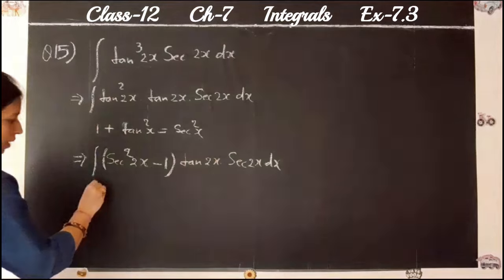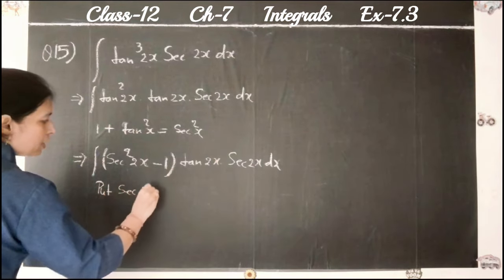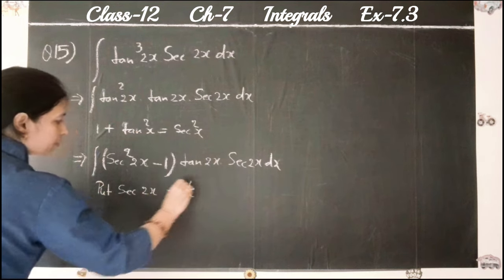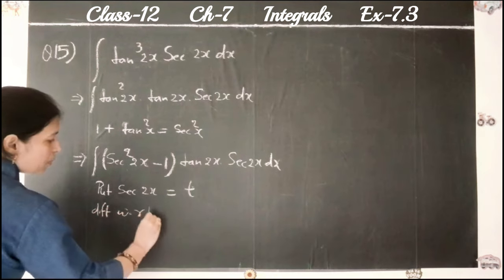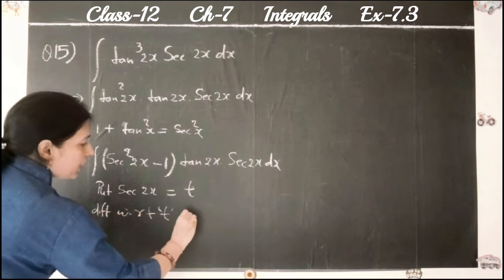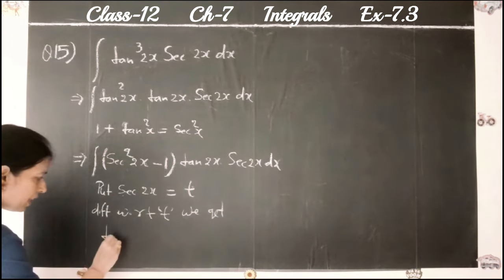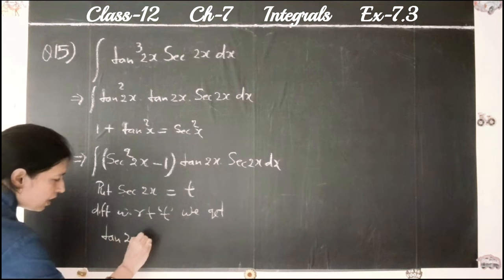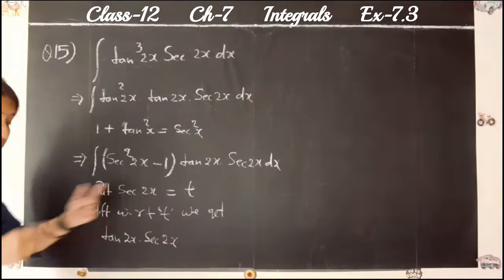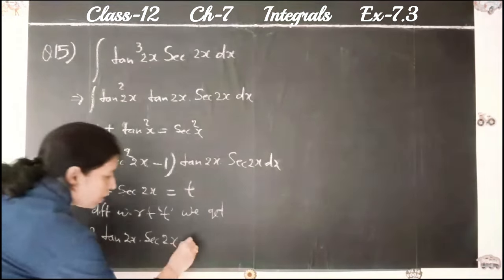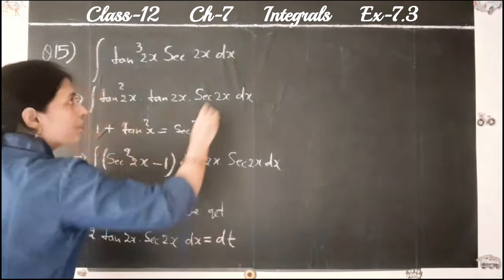So now we can put here sec 2x is equal to t. Then differentiate with respect to t. We get tan 2x into sec 2x, and when we differentiate this 2x we get 2 dx. So it will be dt.